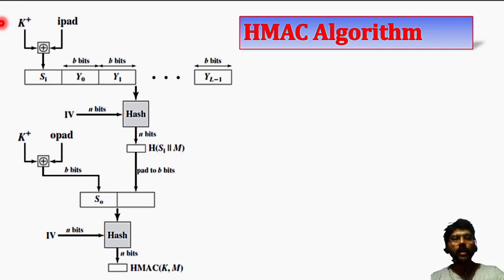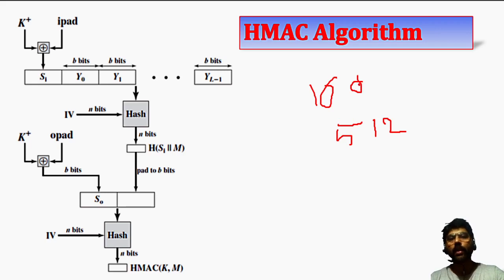Now imagine I have one key and its length is 160 bits, and the b size here is 512.